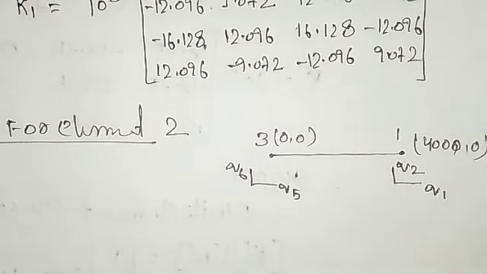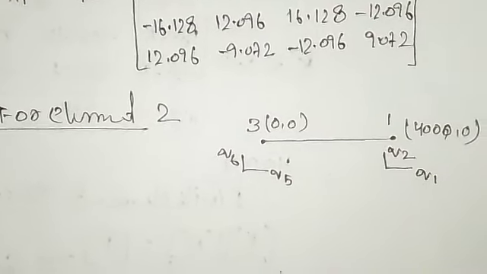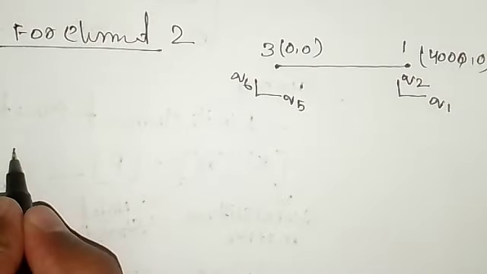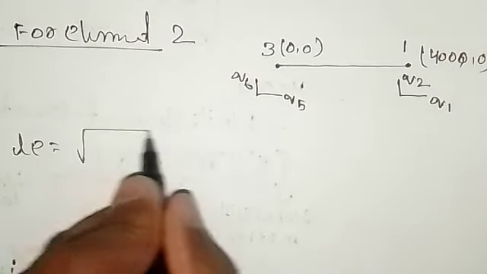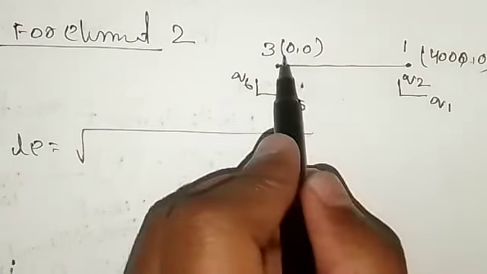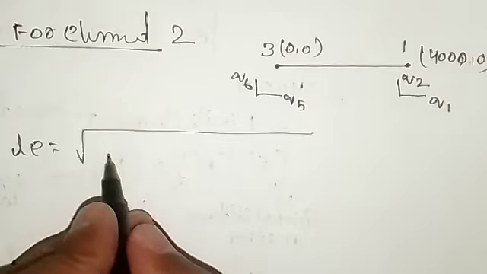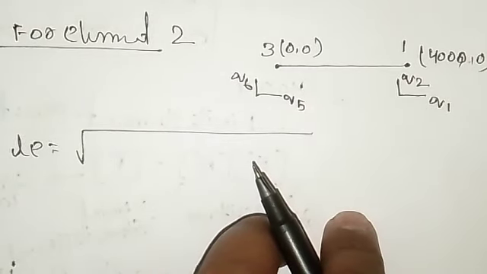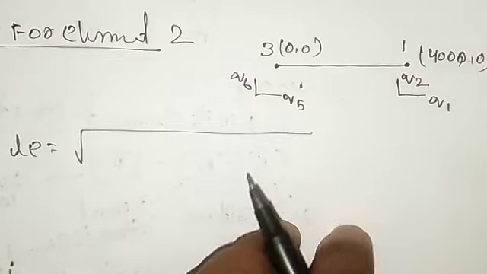Now, first of all we will find out the length of the element, right? So directly I'll say LE is equal to the square root of (x2 minus x1) whole square plus (y2 minus y1) whole square. X2 is this one, that means (0 minus 4000) whole square plus (0 minus 0) whole square, right?